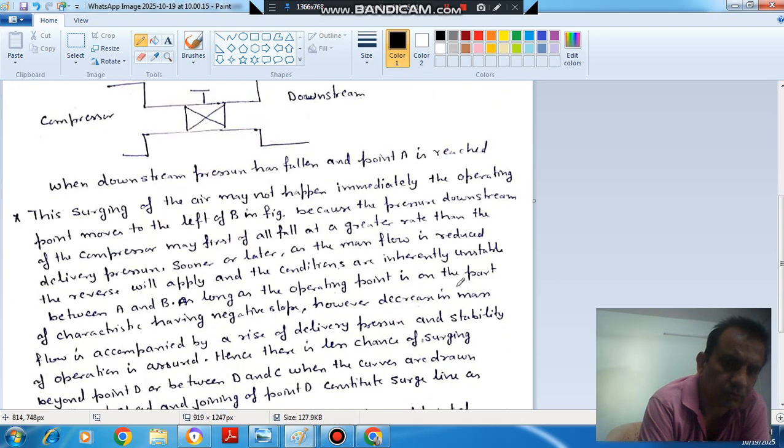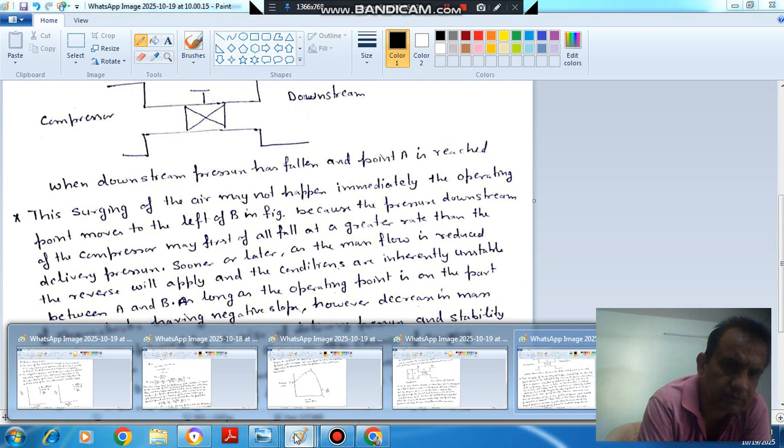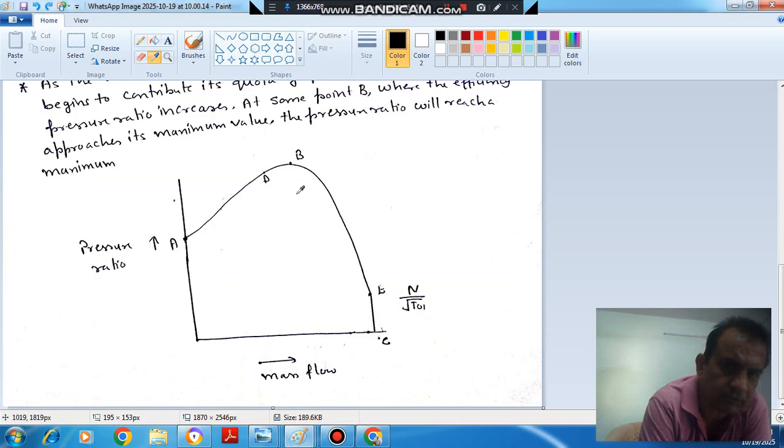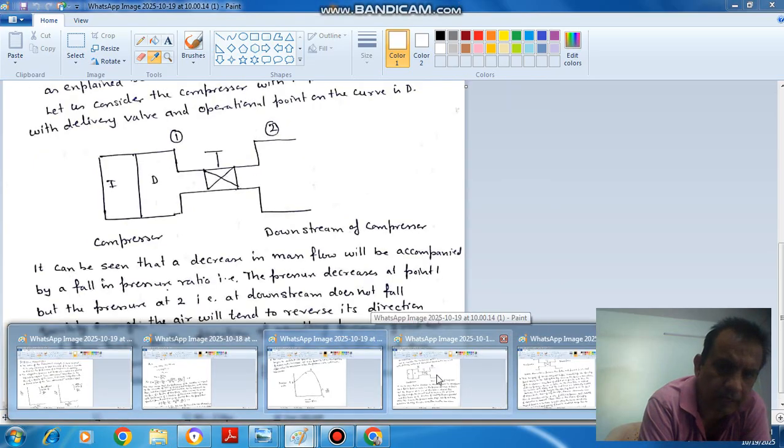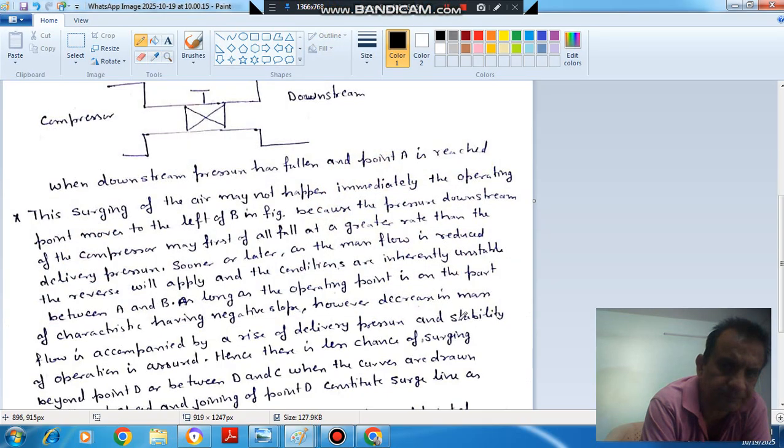There is less chance of surging when we operate the compressor between D and C, because at this point the downstream pressure can fall at a greater rate as compared to the outlet pressure.